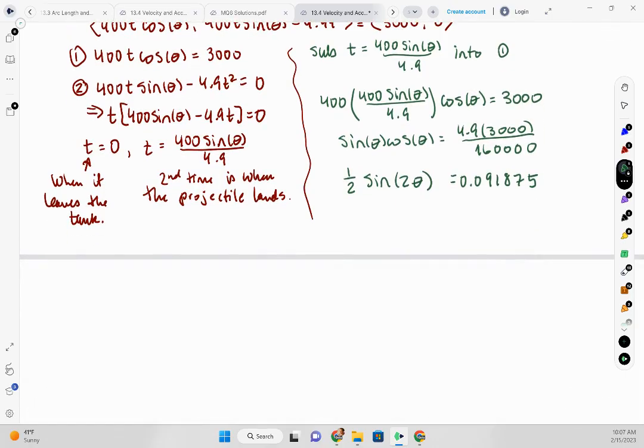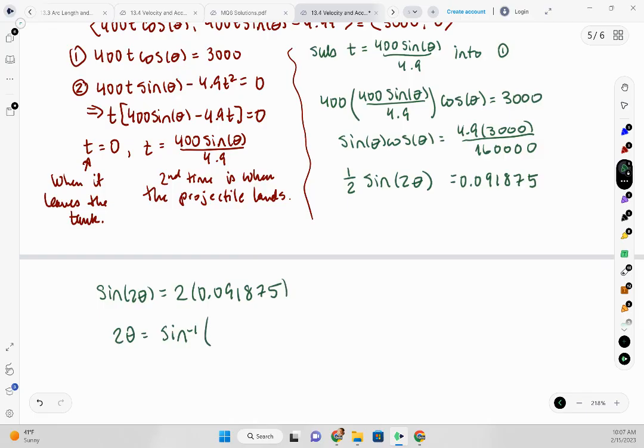First I'm going to isolate sine of 2 theta. Sine of 2 theta will be equal to twice the 0.091875, which means 2 theta will be sine inverse of whatever this result is. We'll multiply by 2, and that's going to be 0.18375.